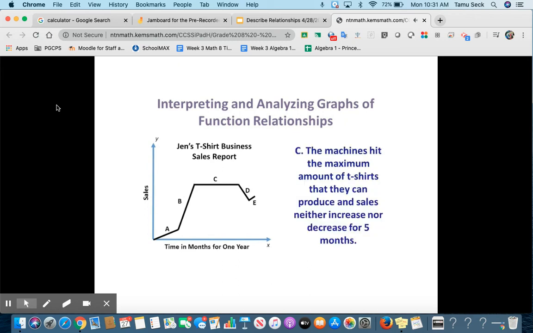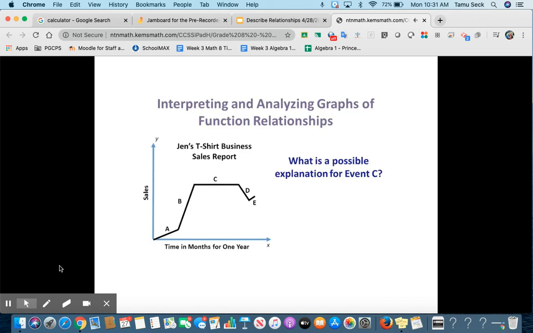Now let's look at event C. The machines hit the maximum amount of t-shirts that they can produce, and sales neither increased nor decreased for 5 months. What is a possible explanation for event C?